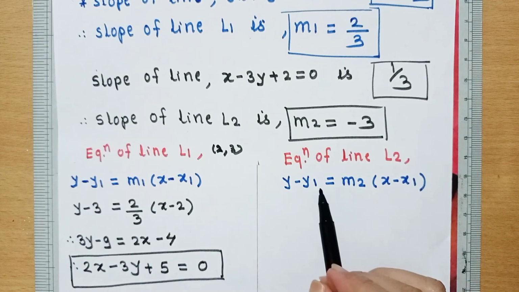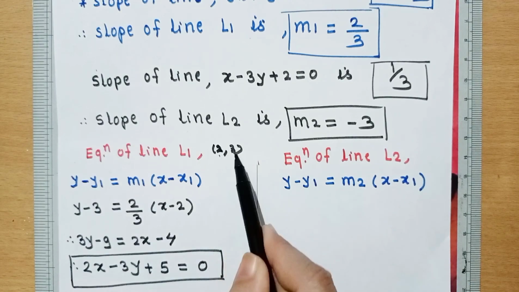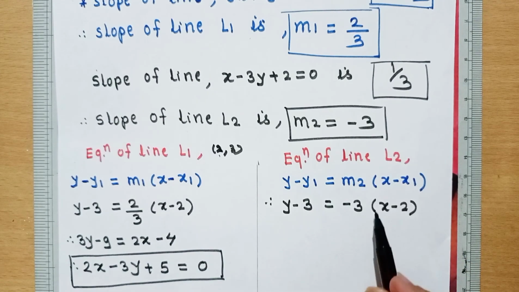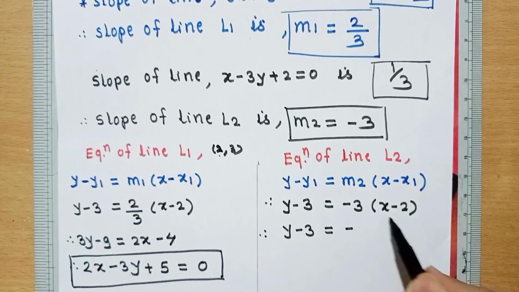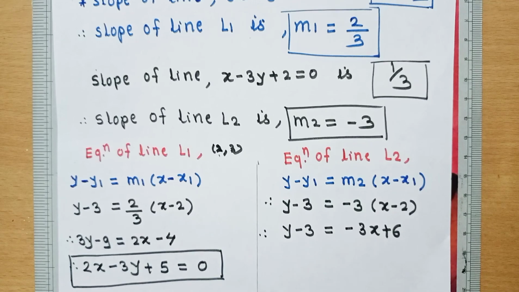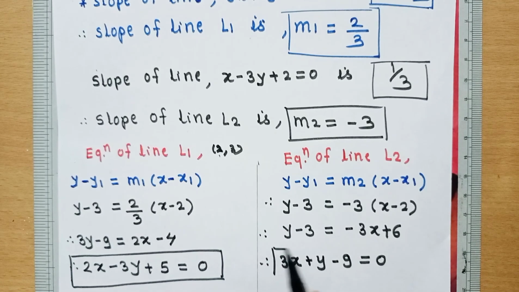In the same way, here also we will substitute x1, y1 and slope m2. Now solve this bracket. Multiply by minus 3 here. So minus 3x plus 6. Now move this term to the left hand side. So this is the equation of line L2.